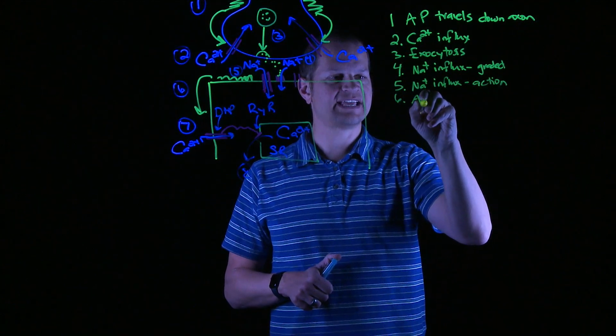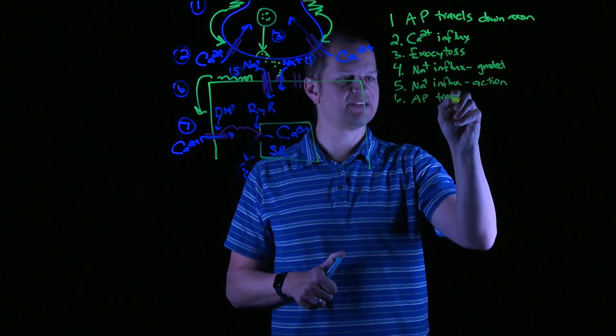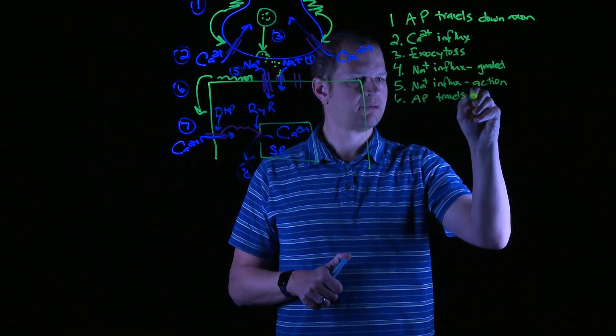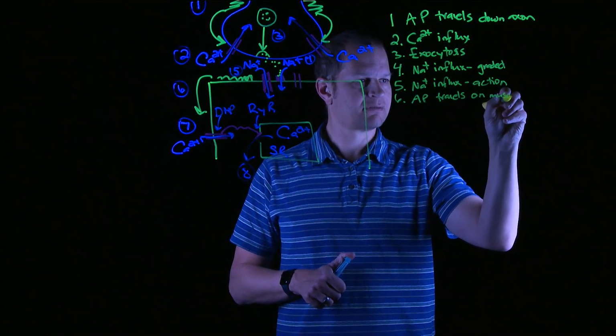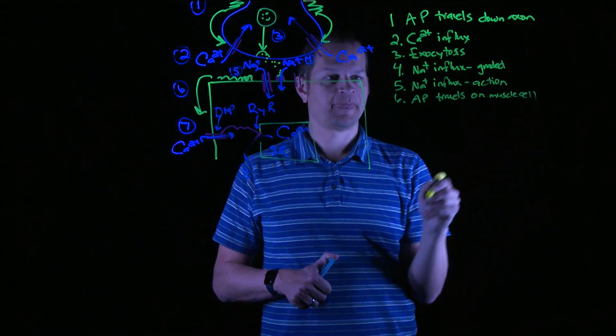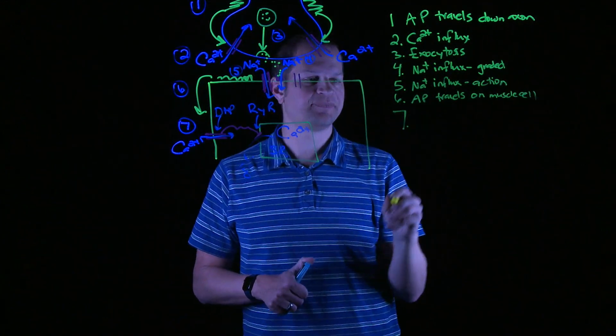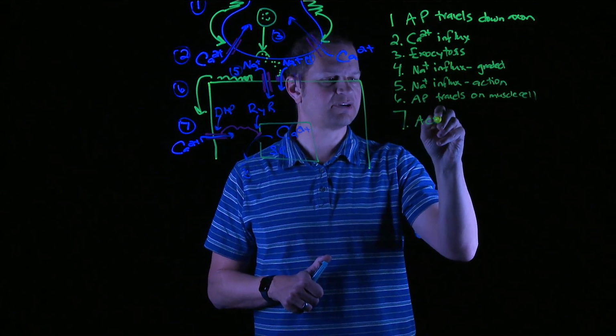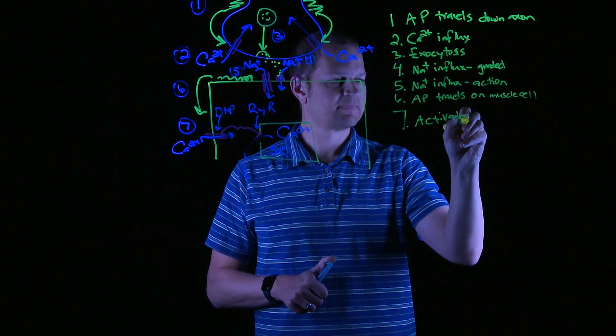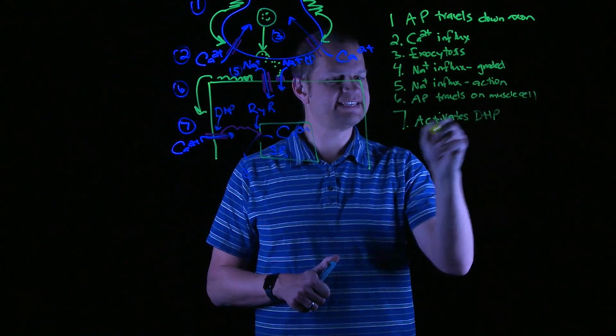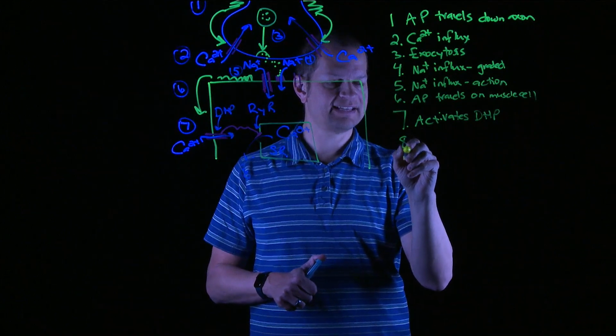So the action potential travels along the muscle cell. And then from there, it activates the DHP receptor. And once DHP is activated, that does a couple of things.